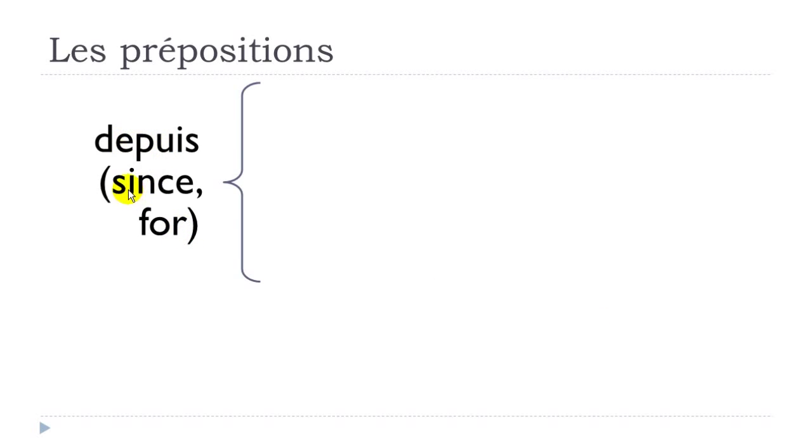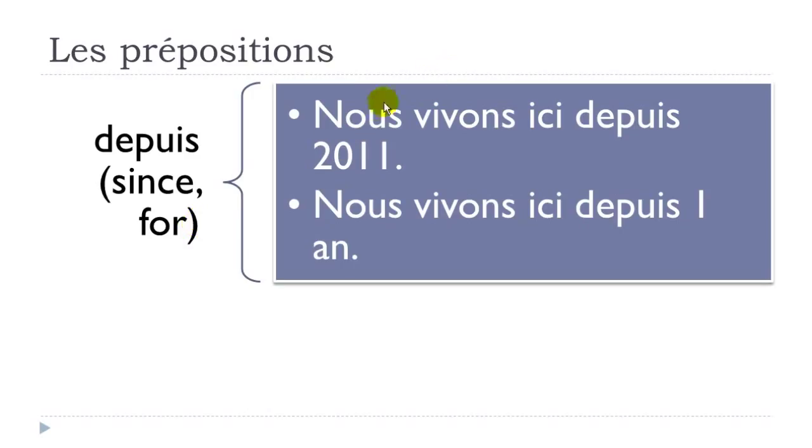Depuis means since or for. Okay, examples. Nous vivons ici depuis 2011. Okay? Nous vivons, vivre is to live. Nous vivons, we live, ici, here, depuis, since, and then you put 2011, you just put the year. Okay?